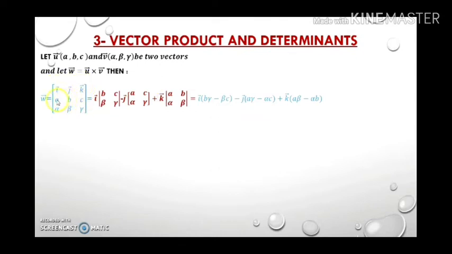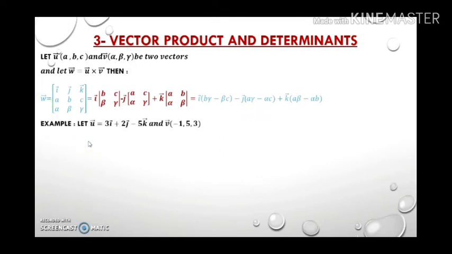We leave a, b, alpha, beta. We get the determinant of a, b, alpha, beta. Applying the determinant rule, it's equal to i (b times gamma minus beta times c) minus j (a gamma minus alpha times c) plus k (a beta minus alpha b). And these are the coordinates of the vector w.